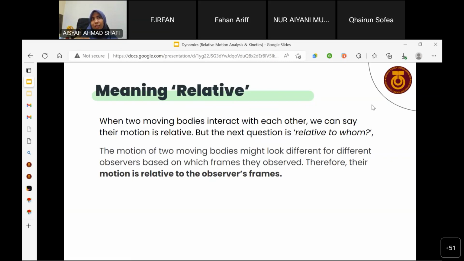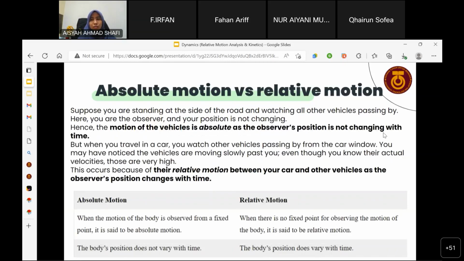It is like the coordinate of the observer and the motion. Therefore, the motion is relative to the observer's frame. Okay, so this is based on the observer's frame. Okay, another example.